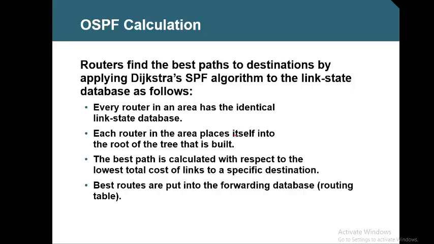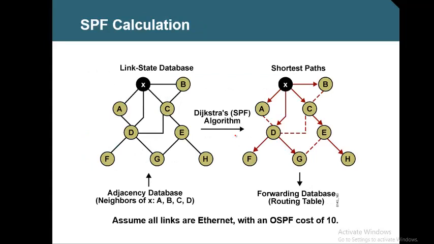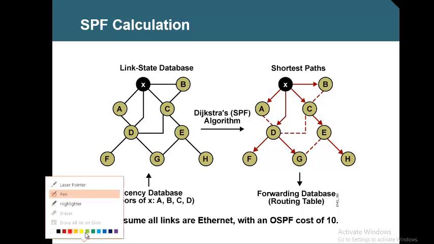The elected shortest, low cost path is considered the best path and installed into the routing table. And this is the explanation of how SPF calculates the path.